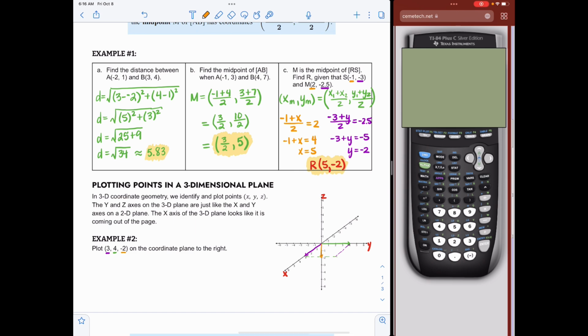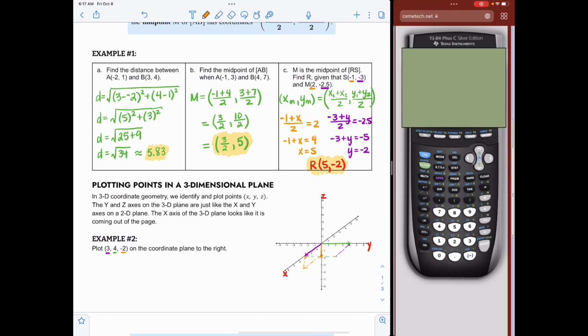Now I'm going to start drawing my lines that are parallel to the z-axis, and I'm going to draw another dotted line that's parallel to the x-axis to create a face of my 3D figure, so to speak.